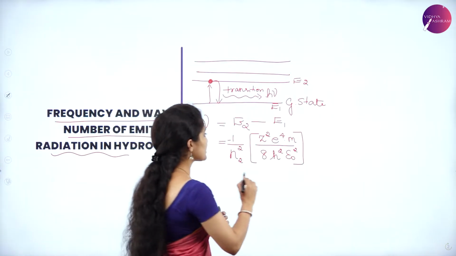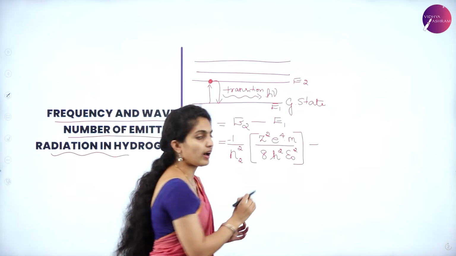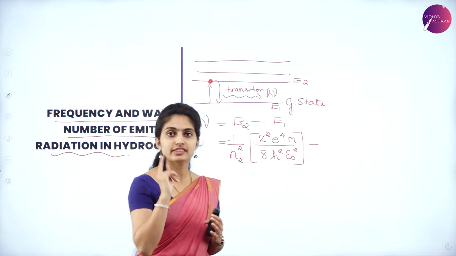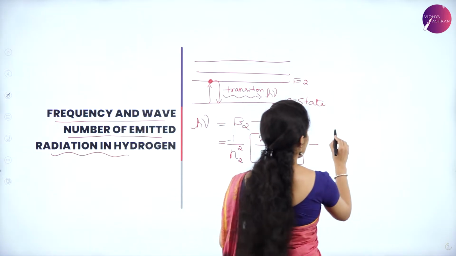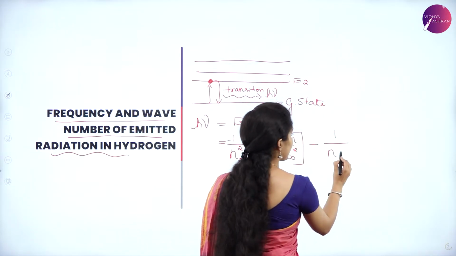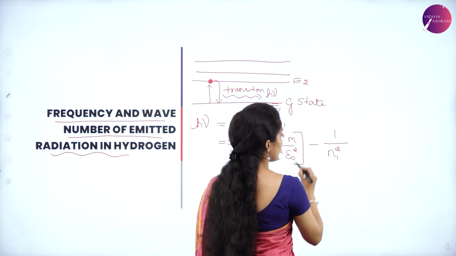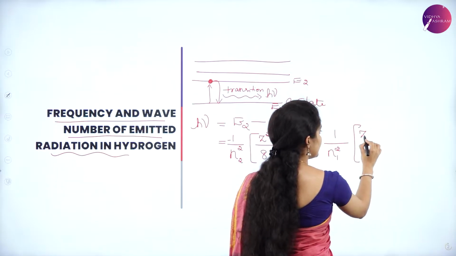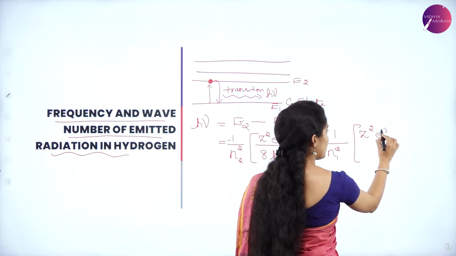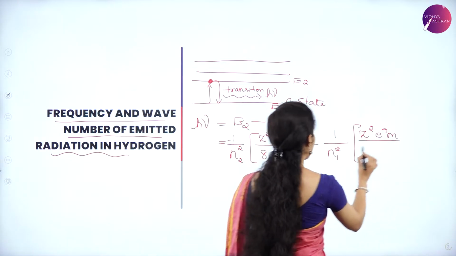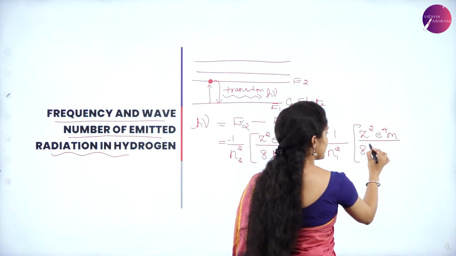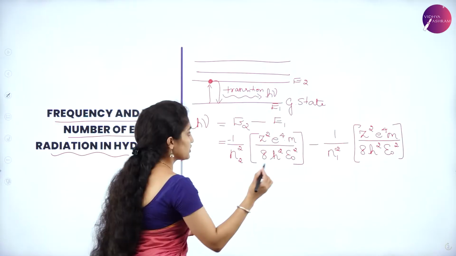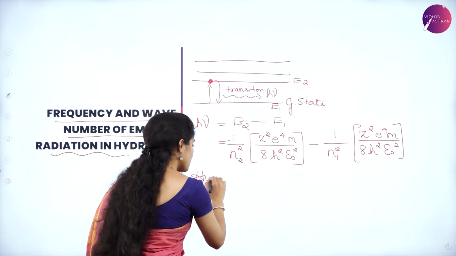Okay, so next is minus of E1. Minus of E1 means this is the energy of the electron which is in the first orbit. So it can be written as 1 divided by n1 square into, it is again Z square e to the power of 4 m divided by 8 h square epsilon naught square. So now we are considering hydrogen atom.